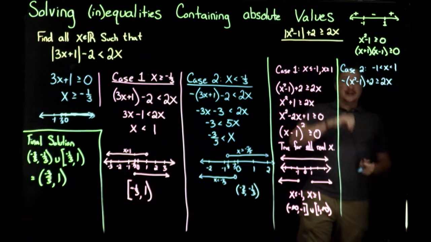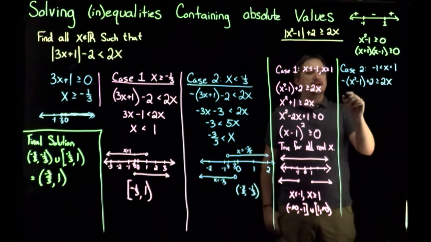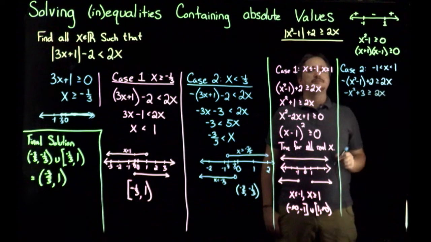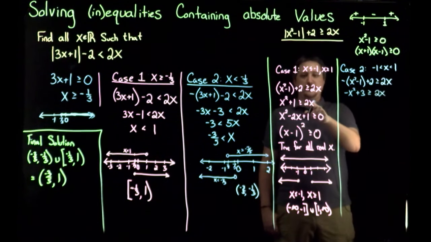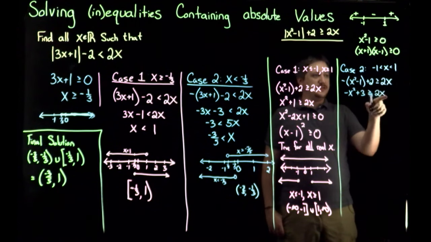So then over here with case 2, I'm going to essentially approach it the same way. So I'm going to have negative x squared plus 1 plus 2, so that's plus 3, greater than or equal to 2x. And now, before I move the 2x over here, just because I like having a positive leading coefficient, I'm going to move it the other way.